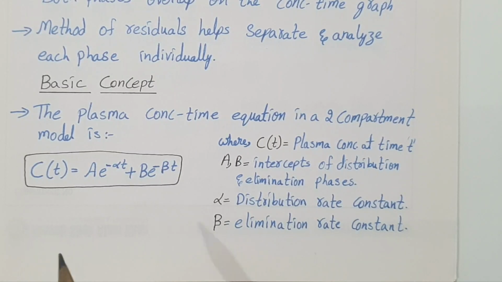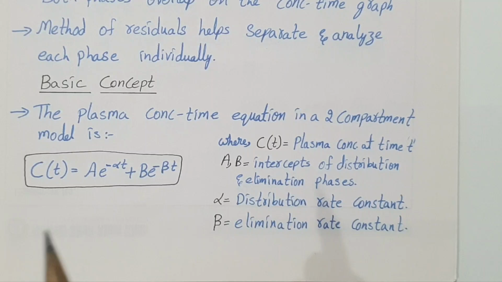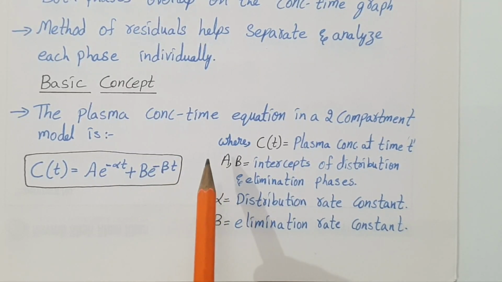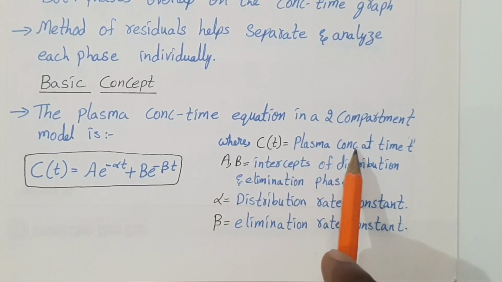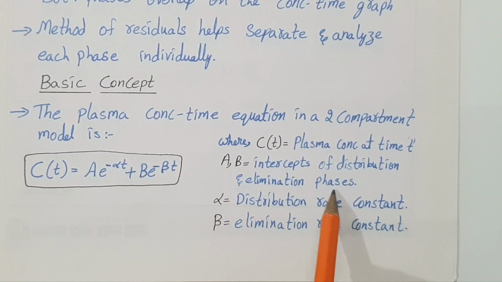So let's find out the plasma concentration equation. Here is the basic concept. In a two-compartment model, the plasma concentration-time profile is described as Ct equals A e^(-alpha t) plus B e^(-beta t), where Ct is the plasma concentration at time t, A and B are the intercepts of the distribution and elimination phases, alpha is the distribution rate constant and beta is the elimination rate constant.